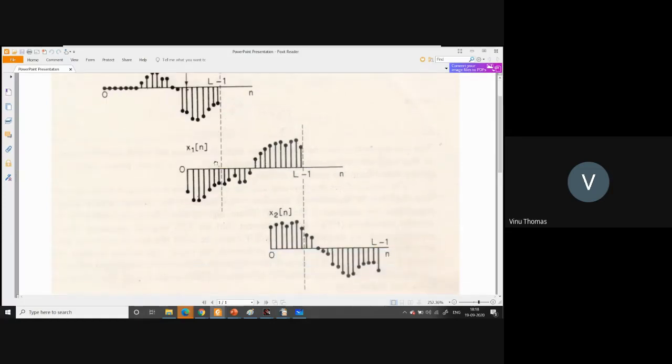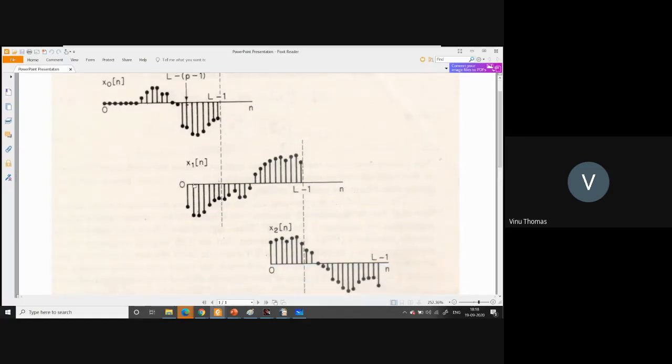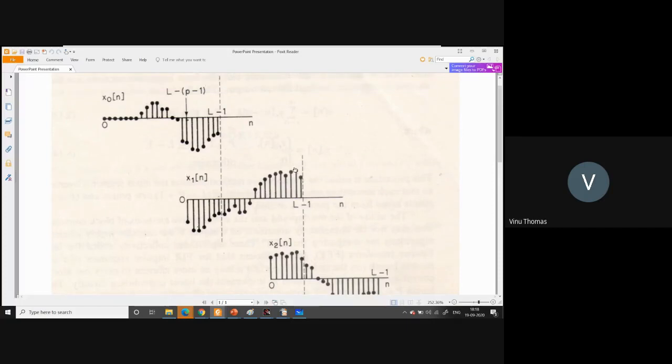Now the second block X1 of n is taken in such a way that it overlaps the first block X0 of n by P minus 1 samples. That is, the first P minus 1 samples of X1 of n are the same as the last P minus 1 samples of X0 of n. Is that clear? We select the second block as overlapping.